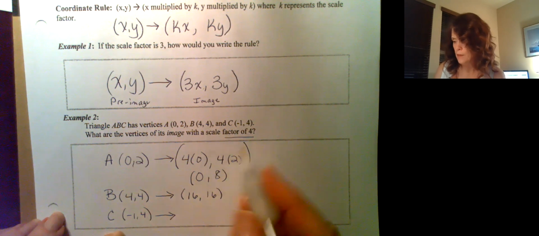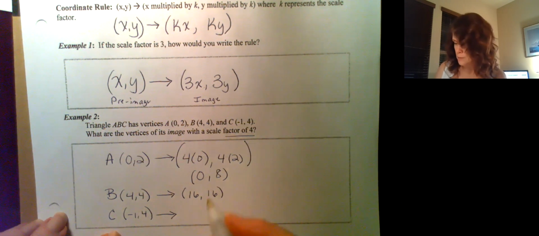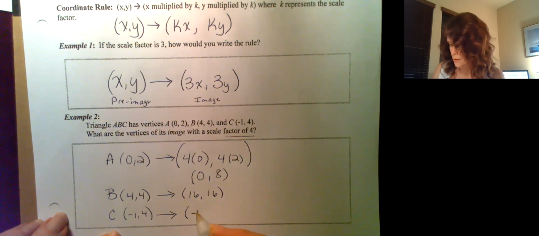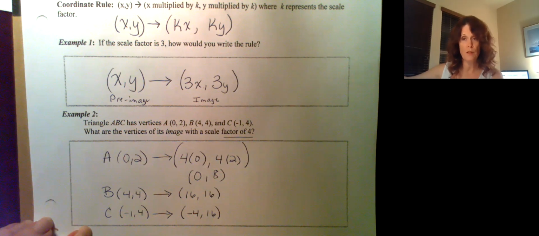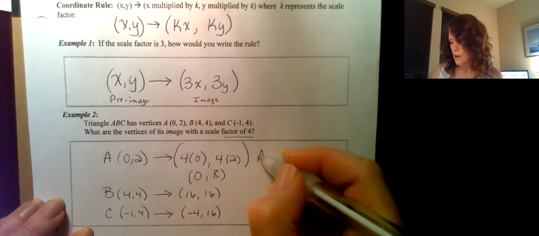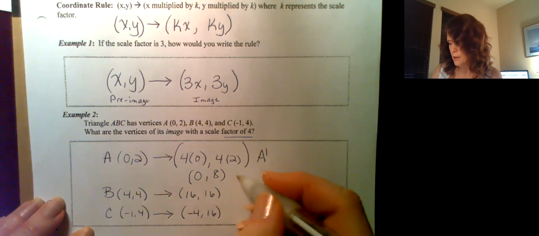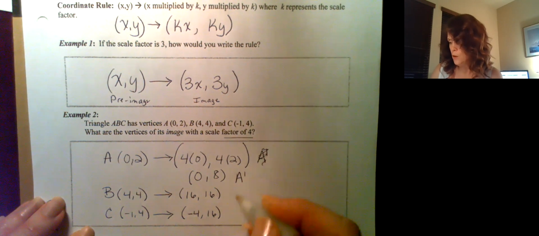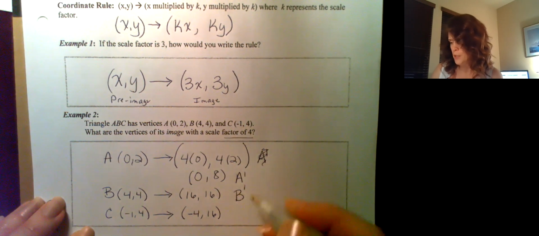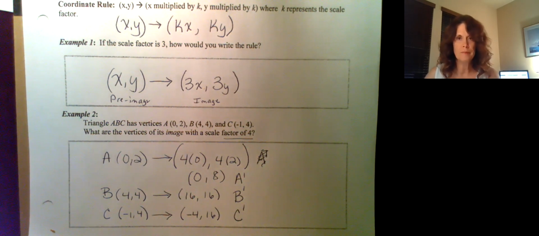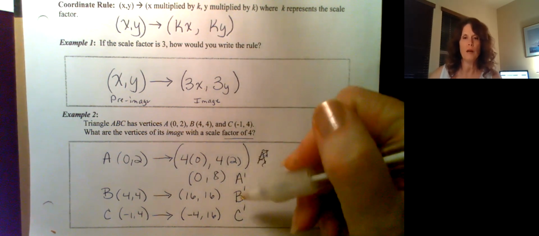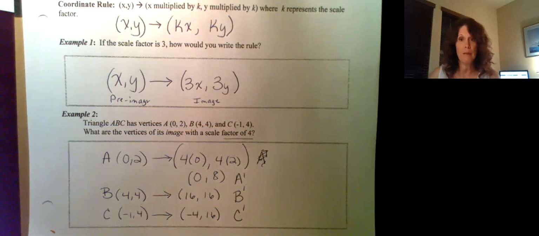And if we multiply all these by a scale factor of 4, -4, and 16. Now what we have here are the A or pre-image coordinates. Over here are our prime, sorry, I guess it would be right here, coordinates. Remember that prime notation, kind of like the apostrophe to the side of it. Okay, so the transformed prime vertices, okay?